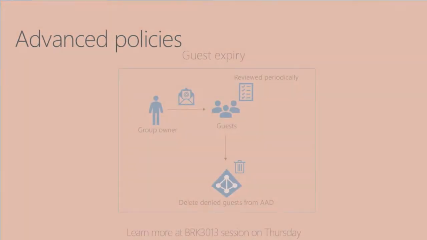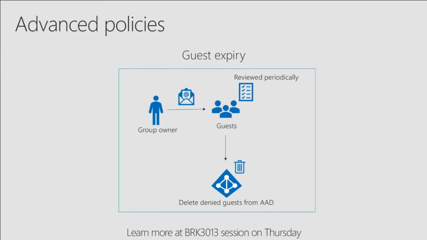Okay, the first one I'm going to talk about is guest expiry. Typically in an organization, a guest user is invited for a designated task and for a limited time period. One of the big concerns IT admins have is what would happen to these guest users once this designated task gets over. You can set up this guest expiry policy, which would require group owners to review this membership on a periodic basis, and you can customize that period.